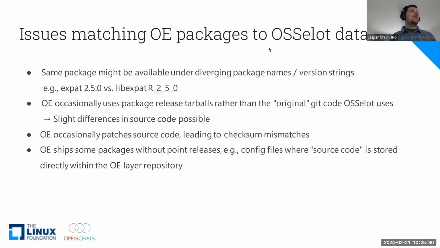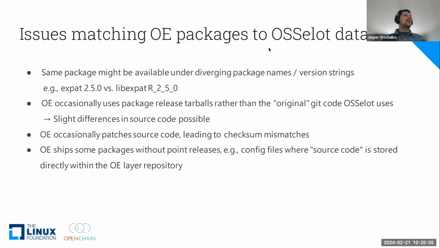In OSSelot, it's libexpat, and the version string looks like r_2_ and so on. So we need to provide a mechanism that can match these kinds of package name mismatches.